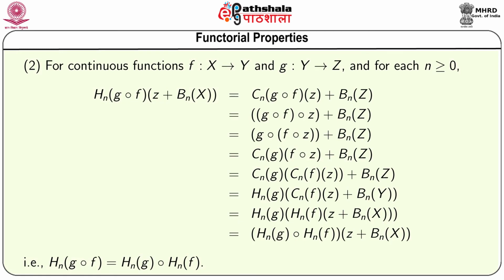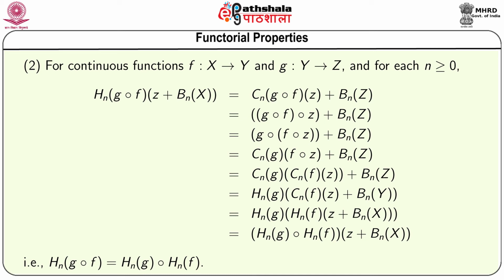For the second one, we start with two continuous functions f and g. One is from x to y and the other one is from y to z. For each n greater than or equal to 0, Hn(g composed f) operating on z plus Bn(x) will be equal to Cn(g composed f)(z) plus Bn(z).